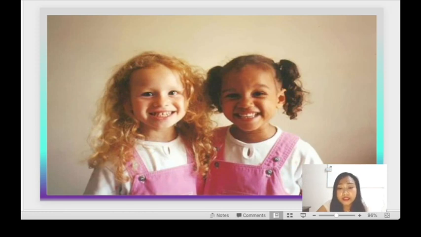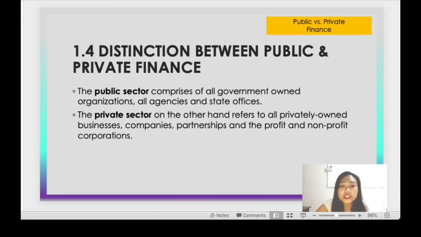But they wear the same clothes. So I want you to remember that every time you look at this picture, you think about the differences or the distinction between public and private finance. Okay, so you already know what is public sector and what is private sector, right?